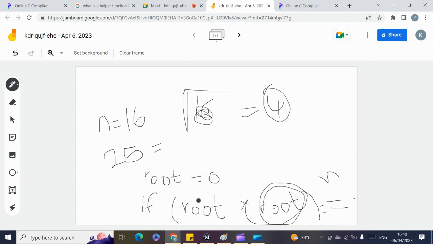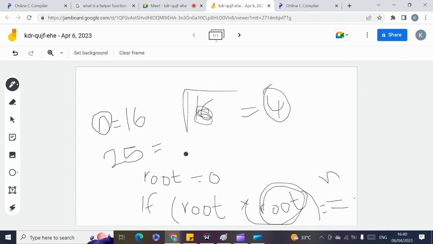So we are supposed to find the square root of a given number, which is n, and when we pass that number in the program, it's supposed to give us the square root of that number. Now, finding the square root of a number means that you multiply one number by itself.